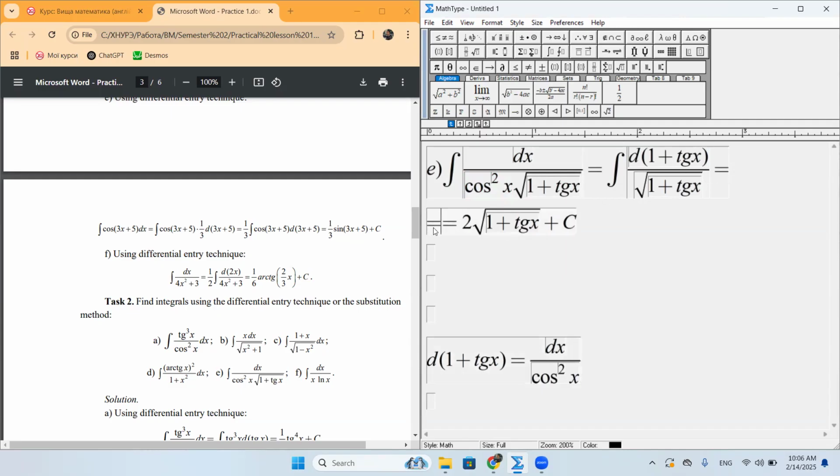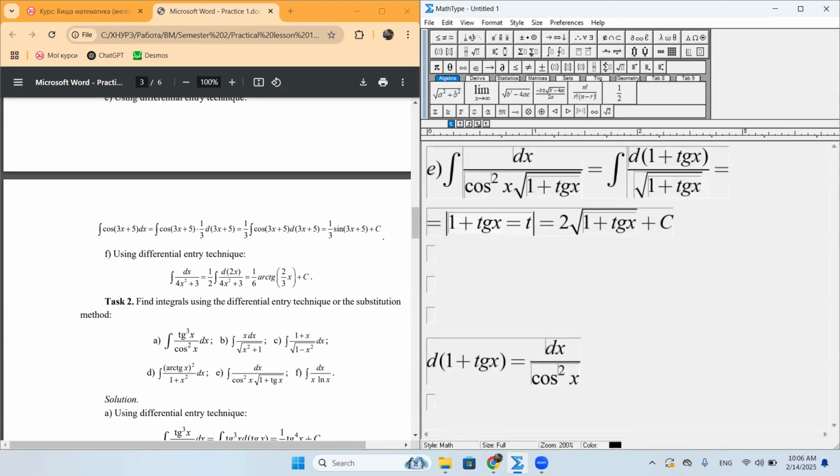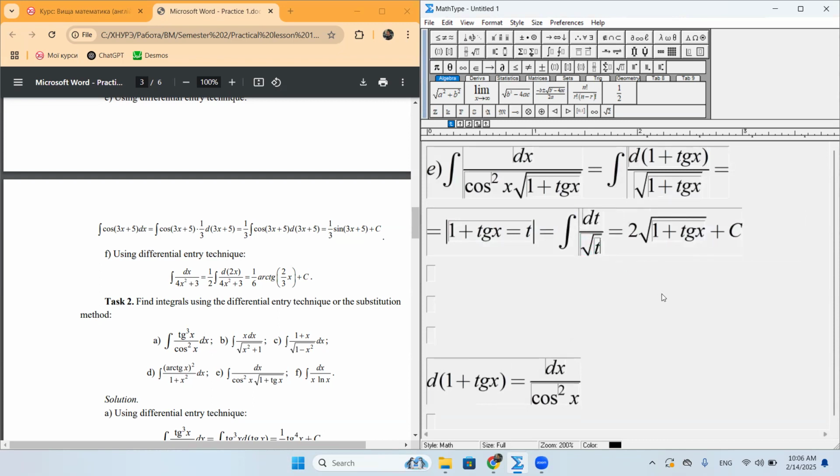We actually can make a substitution, like this expression equals t. So the integral will be the next: just 1 over square root of t. So like this. But I usually skip this part.